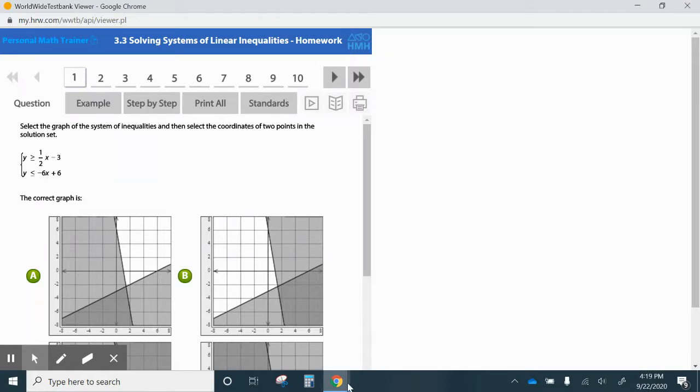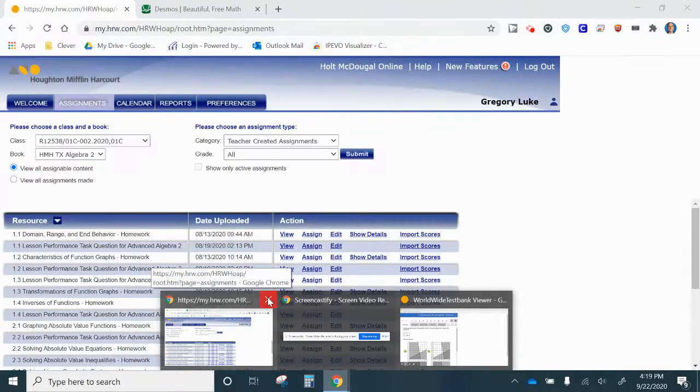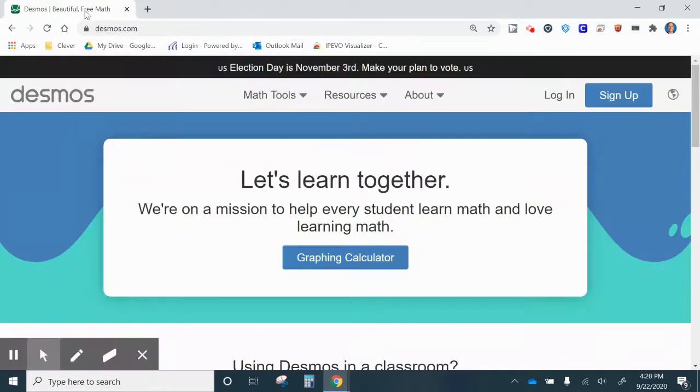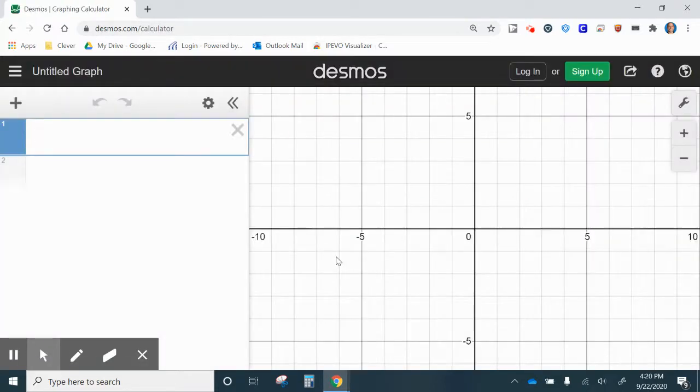So now I'm going to go to Desmos, graphing calculator, not calculator.